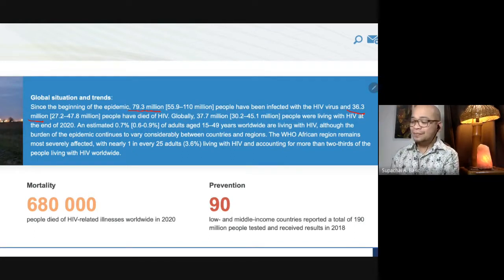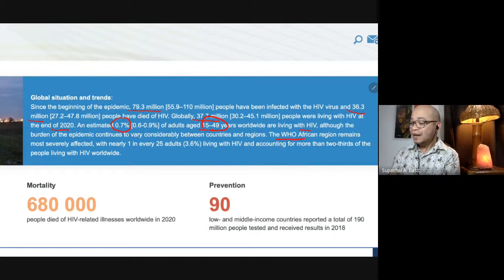Globally, 37.7 million people were living with HIV at the end of 2020. An estimated 0.7% of adults aged 15 to 49 are now living with HIV. So that's the age bracket, 15 to 49 years. Although the burden of the epidemic continues to vary considerably between countries and regions.